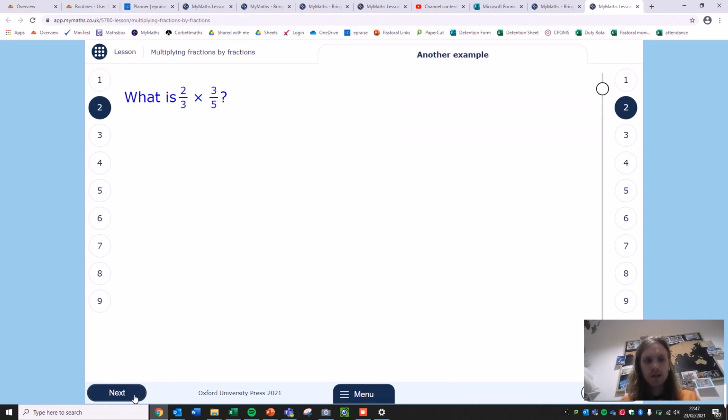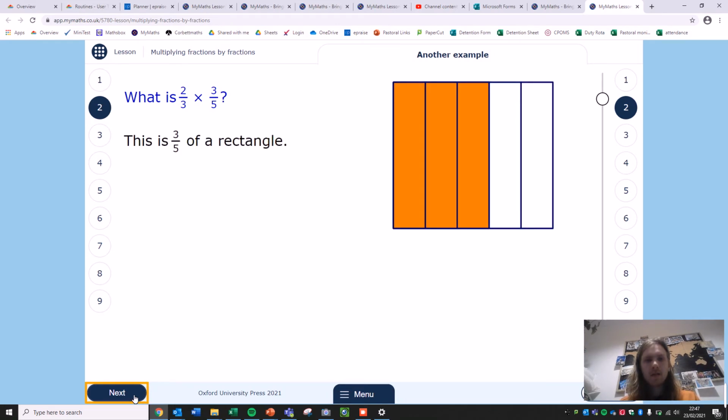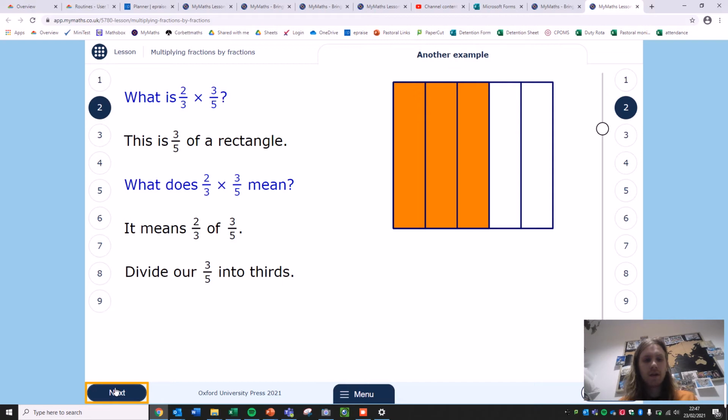2/3 times 3/5, very similar one then. There's your 3/5 of a rectangle. We want 2/3 lots of 3/5, or 2/3 of 3/5.